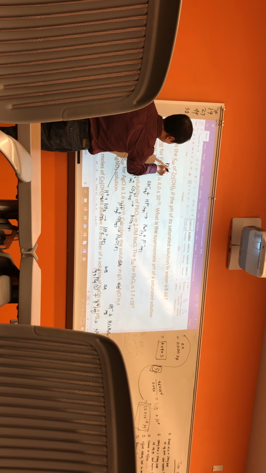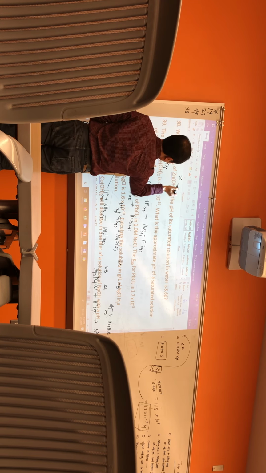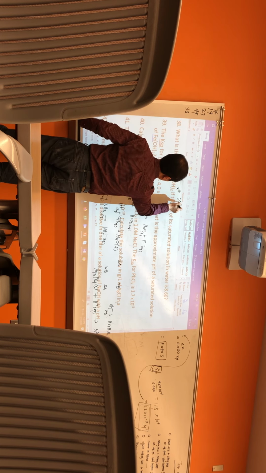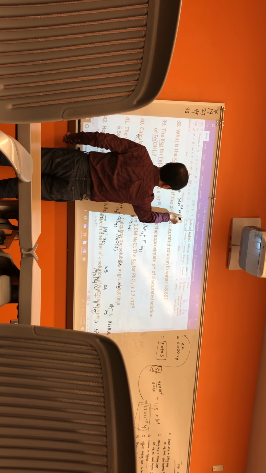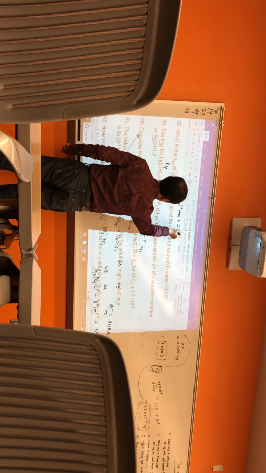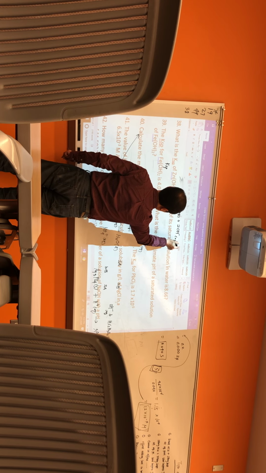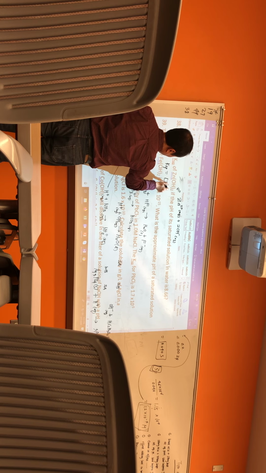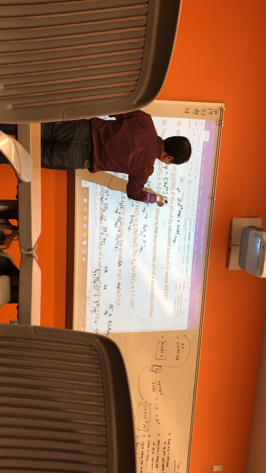So KSP, this guy dissociates into zinc 2 plus and 2 hydroxide. So the KSP expression is zinc 2 plus times hydroxide squared.